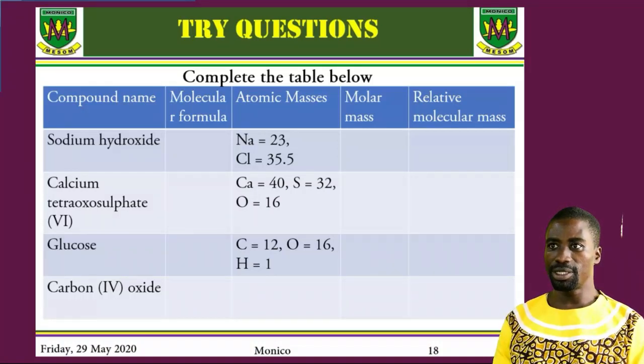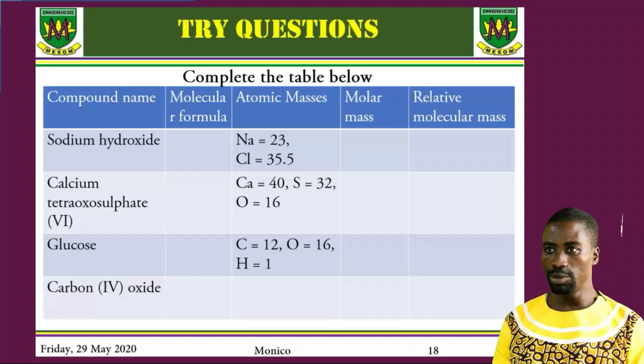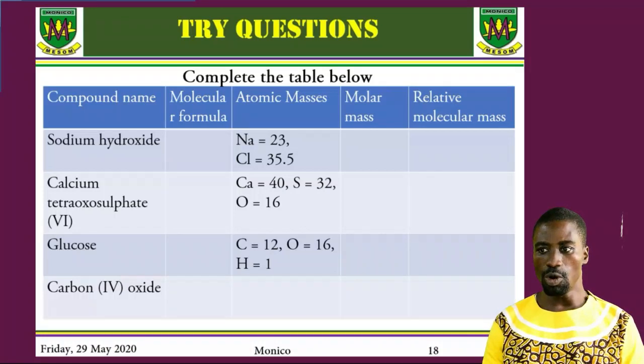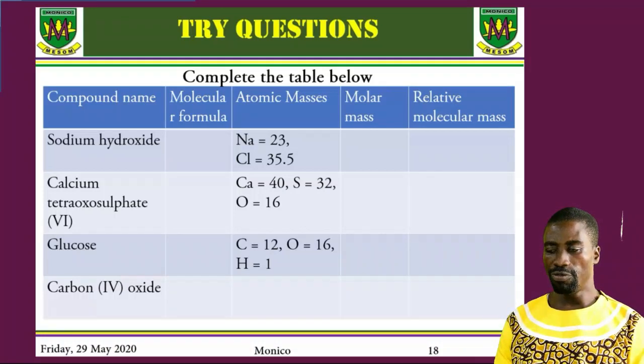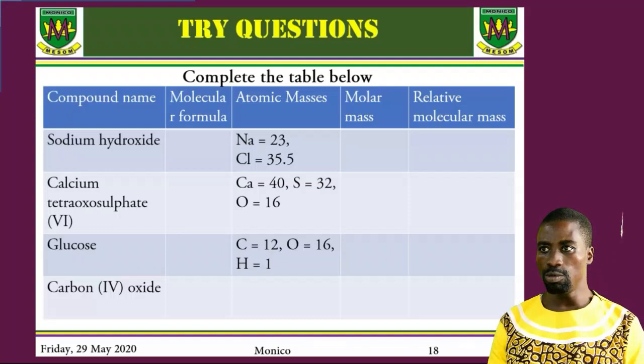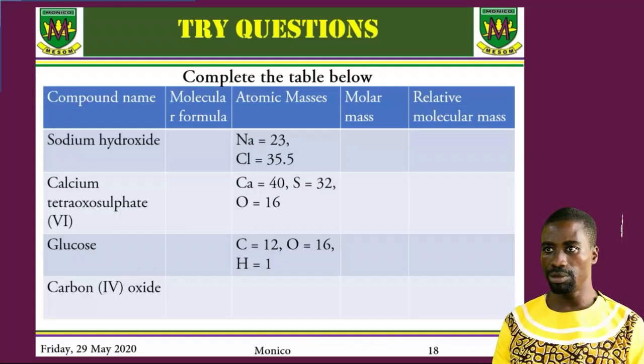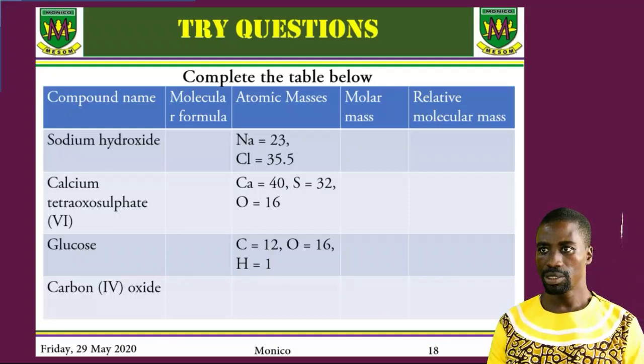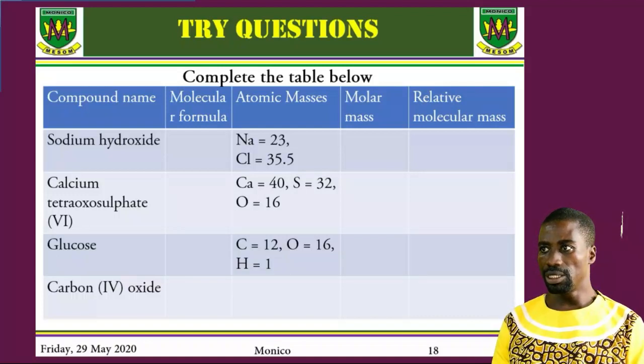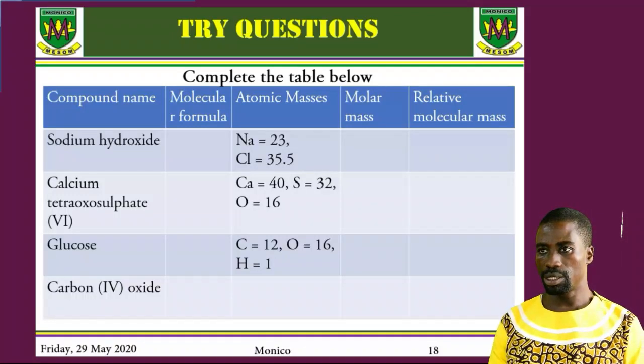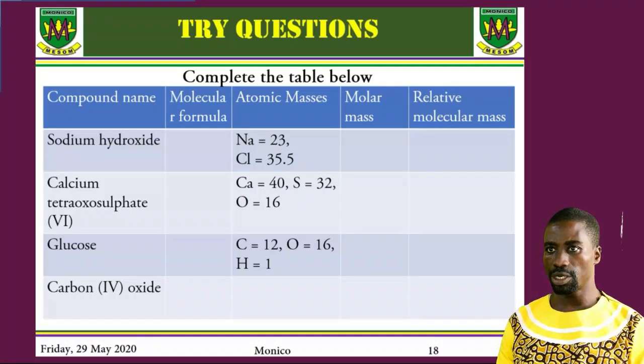So this is a table that you are supposed to complete, and if you're able to complete this table, then you can go ahead. It will inform you about how well you understand molecular mass and the molar mass. So I have given you the various compound names.